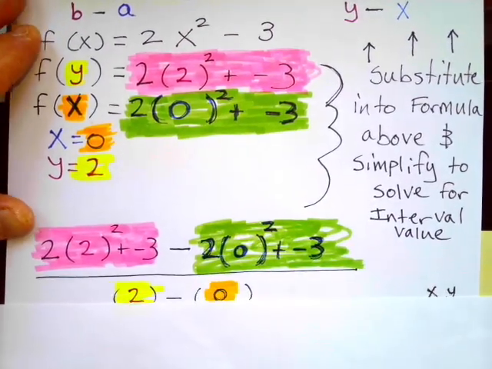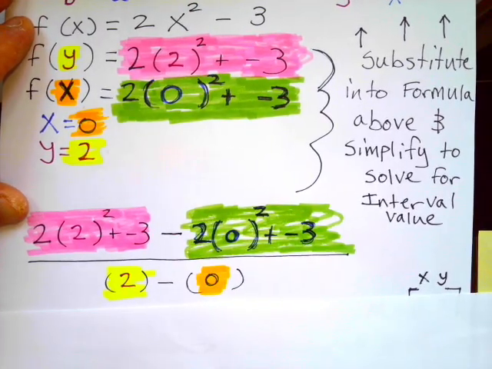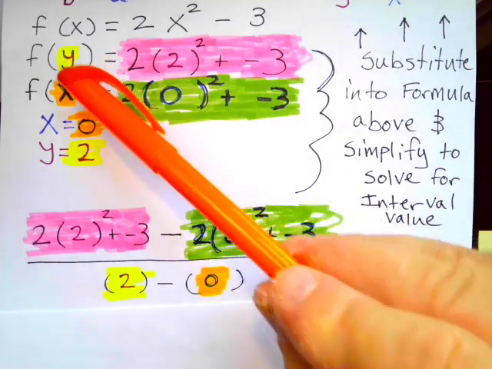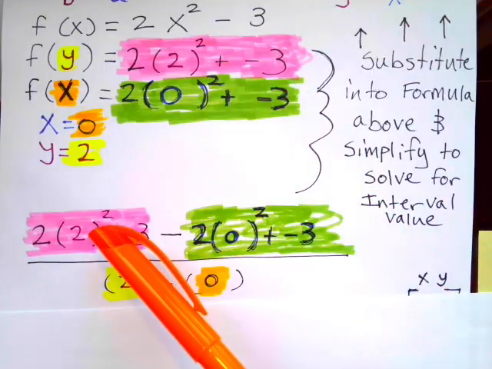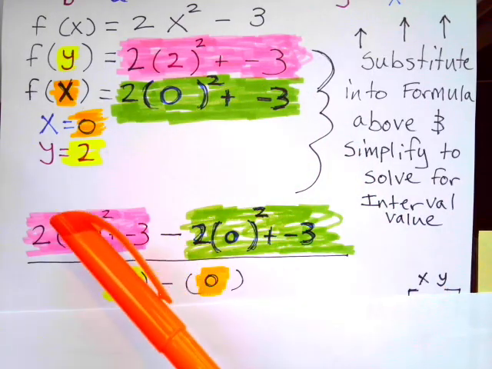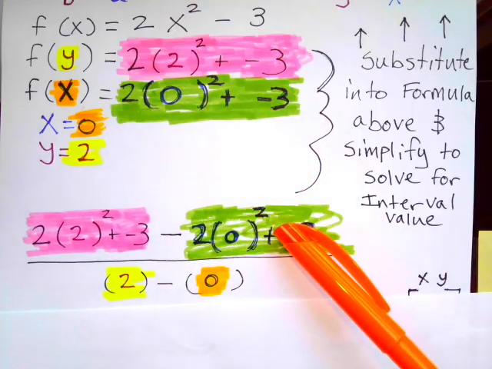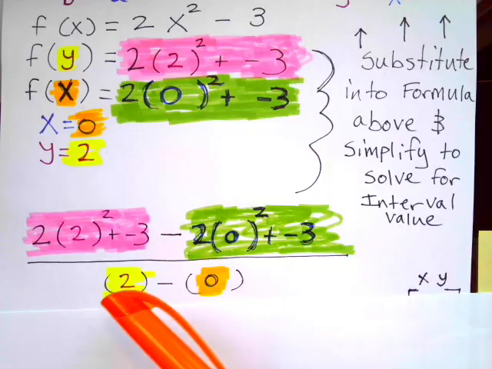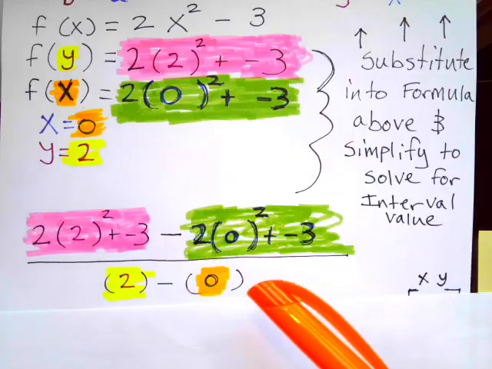And I'm just showing you here, substituting into the formula what you see. My f of y value is highlighted here in pink. I'm just going to substitute that here in order to determine what my f of y minus my f of x, which I substituted here into the formula, divided by y minus x, which is 2 minus 0.